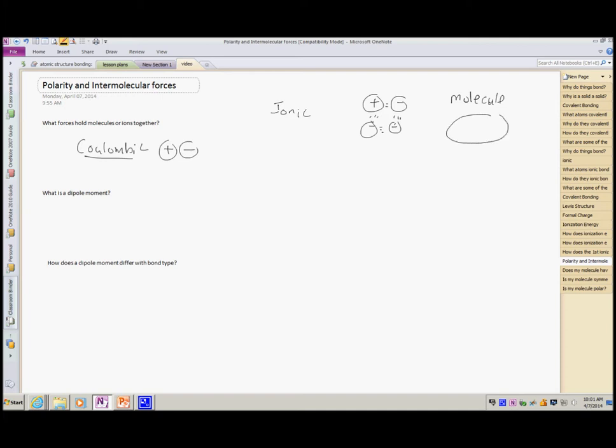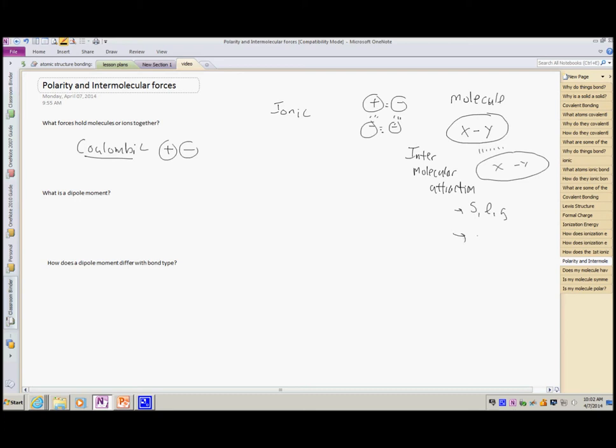Whereas a molecule has a few different portions here. If we were to draw a molecule out, let's just say X covalently bound to Y. In this case, we have a unique subset of intermolecular attractions between molecules. This is going to determine whether this thing is a solid, a liquid, a gas.